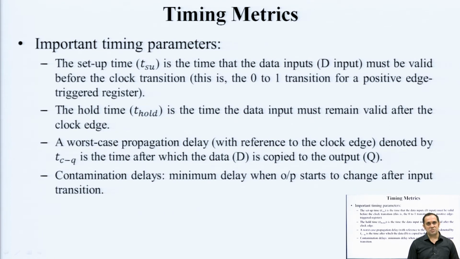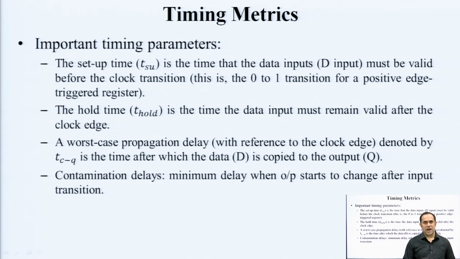That time is known as setup time, the time for which the input should be available, the input should be valid. By valid we mean that it should be holding a particular value, either 0 or 1, for some amount of time before your clock transits.